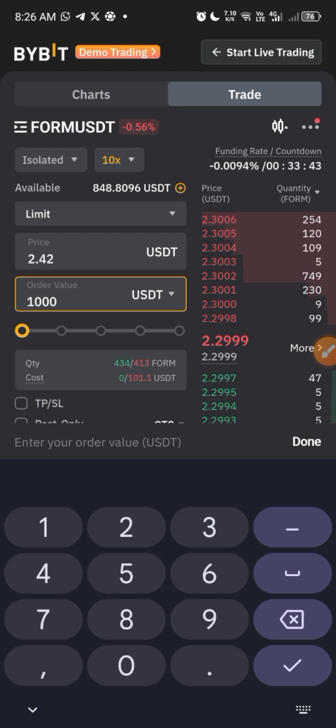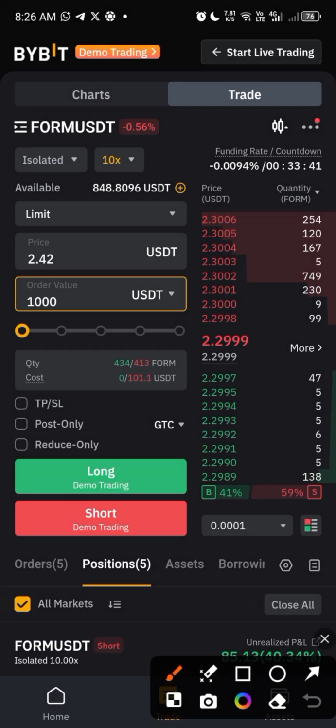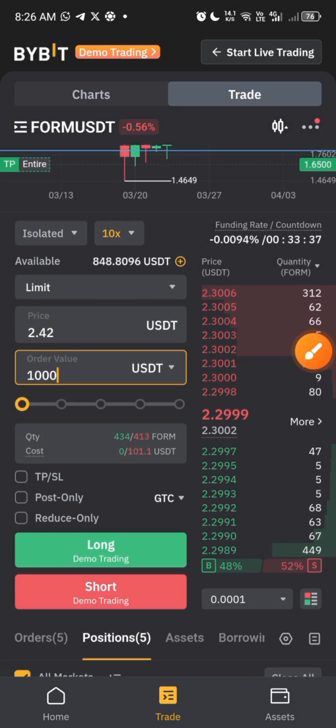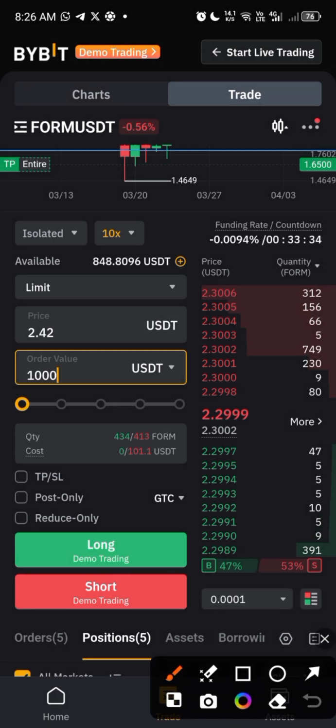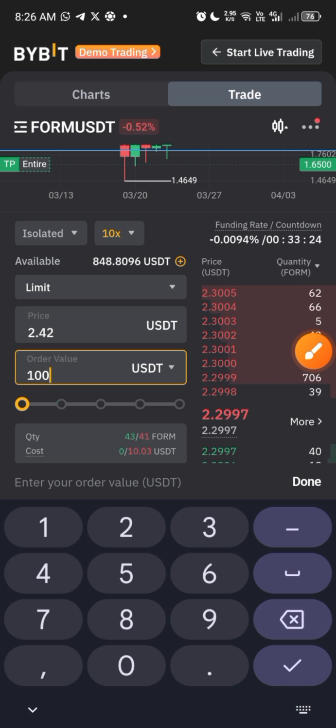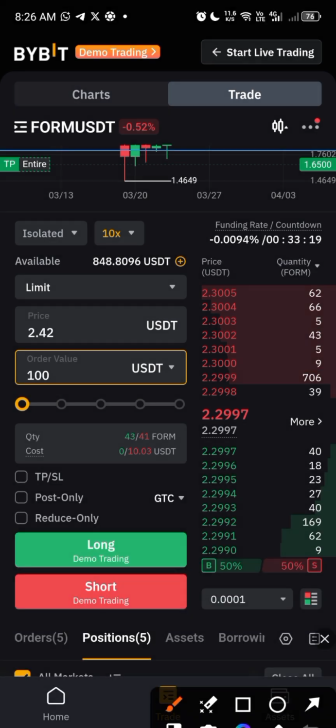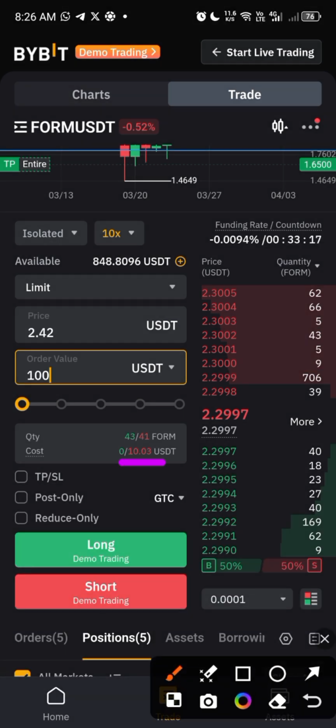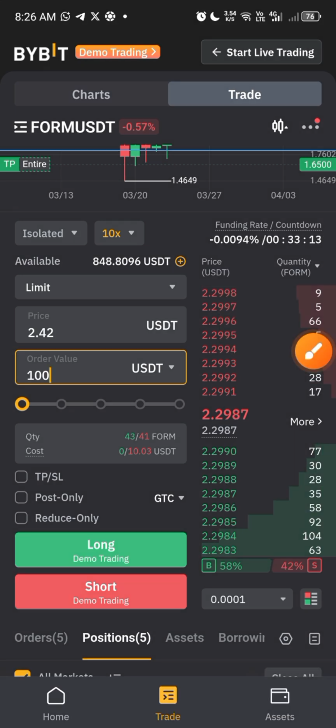It's supposed to give us the total cost in USDT. If I remove that extra digit at the front, it's costing us $10. You can see $10. That is the amount it's going to cost us to enter this trade.